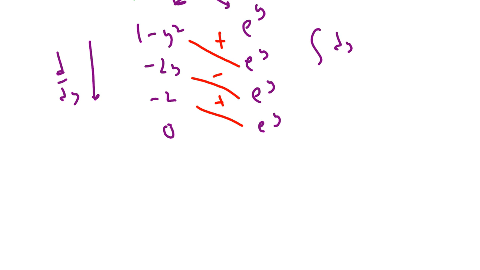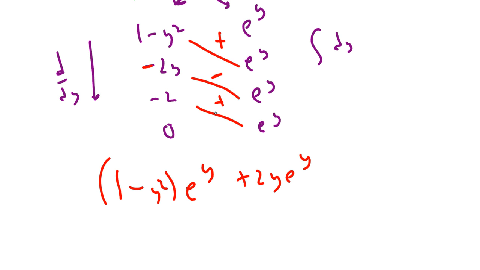So if we take the time to write the answer, we get 1 minus y squared times e to the y. And then you have minus here, and then this negative, so it becomes plus 2y e to the y.